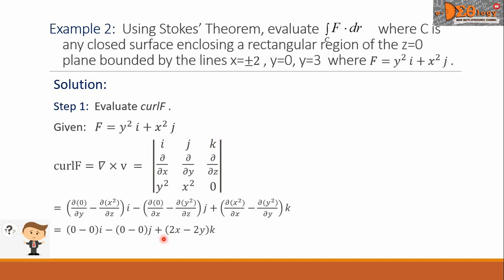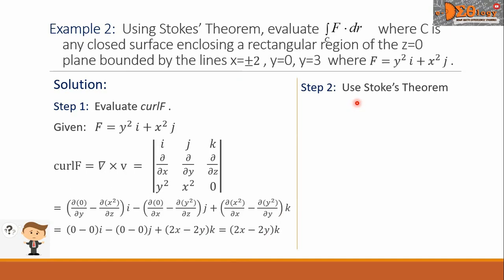Simplifying this, we have the quantity 0 minus 0 multiplied by i, minus the quantity 0 minus 0 multiplied by j, plus the quantity 2x minus 2y multiplied by k. Because of the zeros, this expression is now simplified into the quantity 2x minus 2y multiplied by component k.